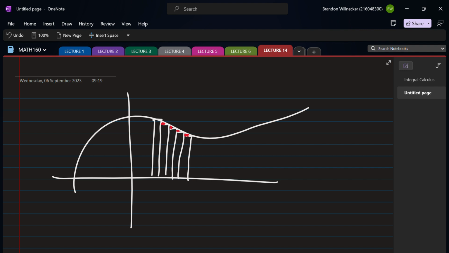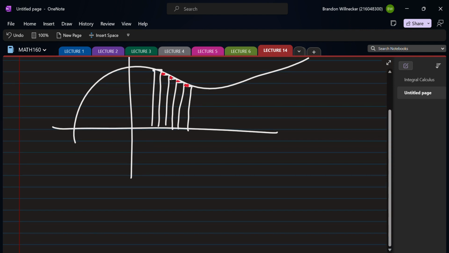Okay, so how do we write this down to do calculations? The first thing we need to do is define what the width of the rectangle will be.